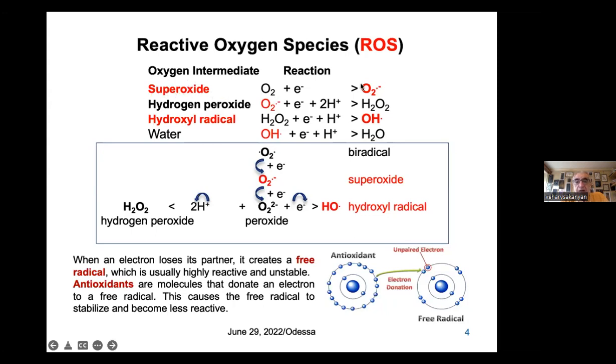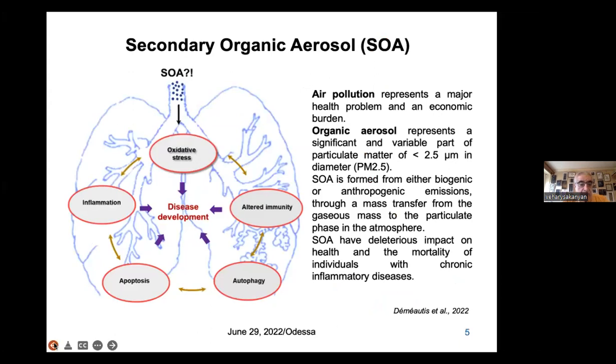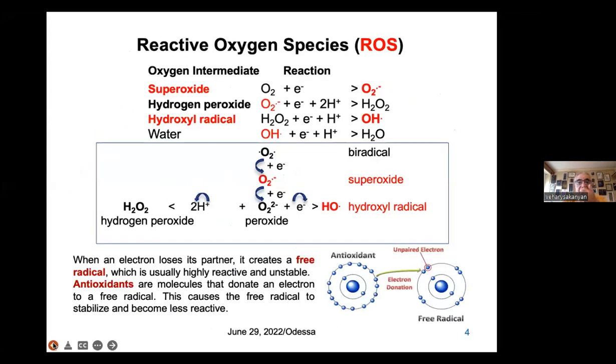Superoxide is a very active molecule with a very short lifetime, and it can react with many products without any enzymatic activity. So when it accepts the second electron, the molecule becomes a more stable one, so-called hydrogen peroxide.